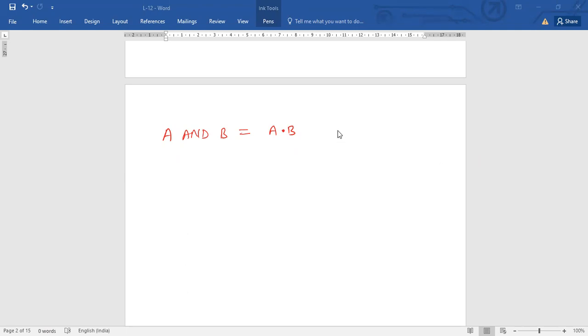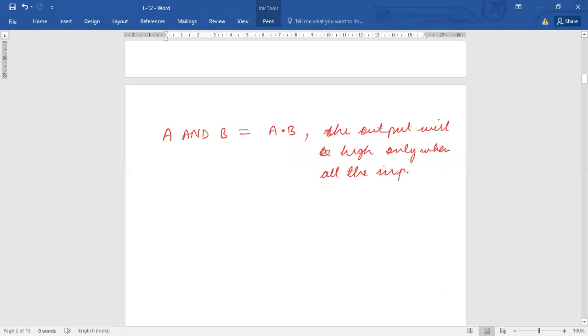Okay. So here, when we will get 1 in the case? Yes, when A and B both are 1. In this case, the output will be high only when all the inputs are 1.